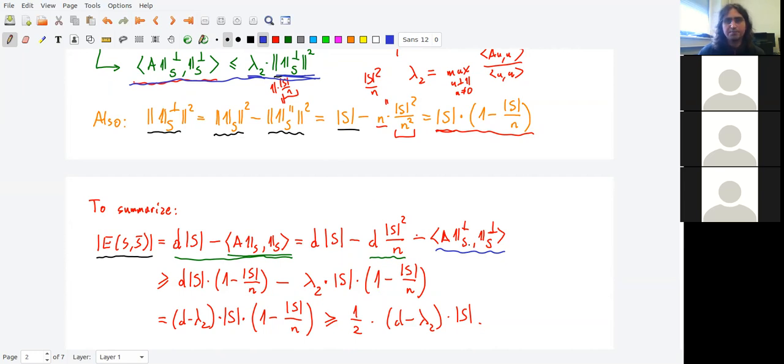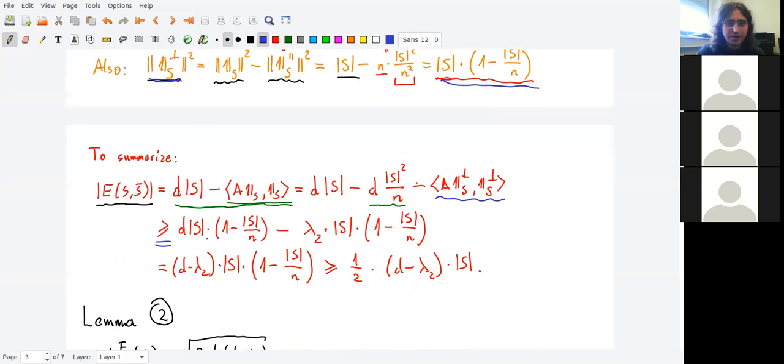This norm we have also understood as being equal to simply the size of S times the scaling factor. So we have this inequality here now. Magically I see this term and this term that I can move to the front, and I end up with the difference between D, coming from here and from here.